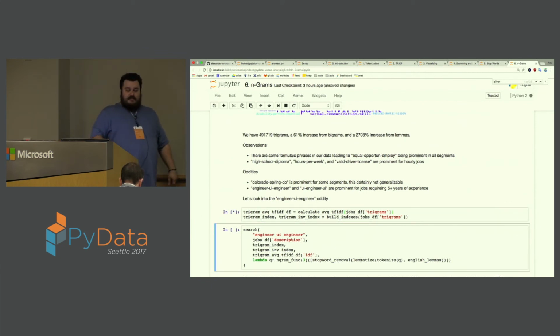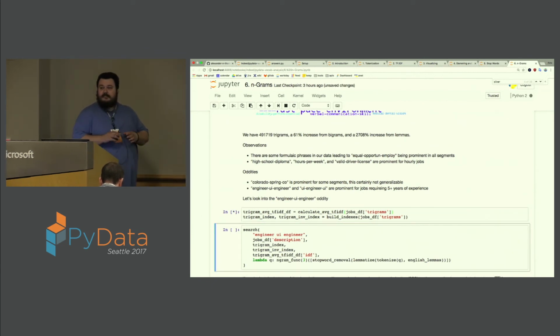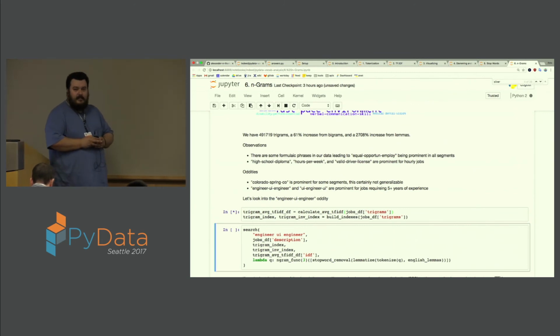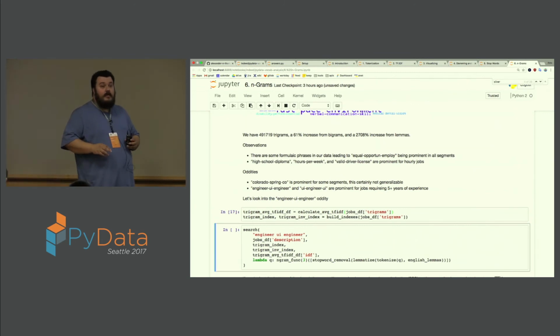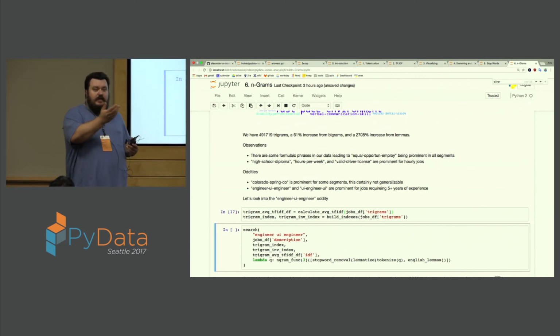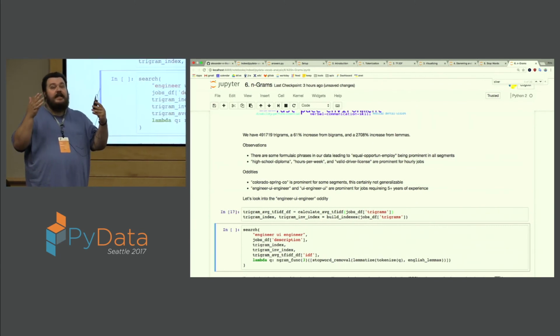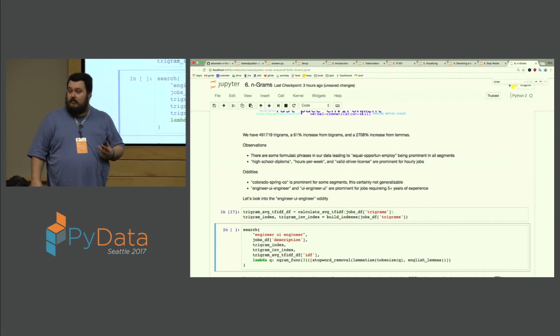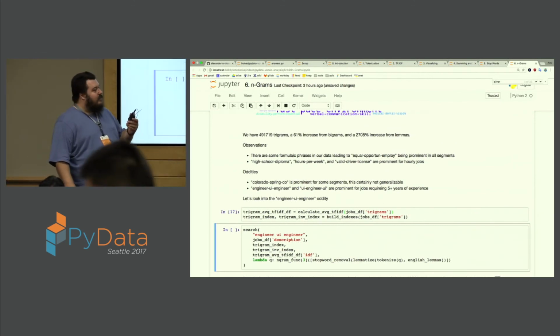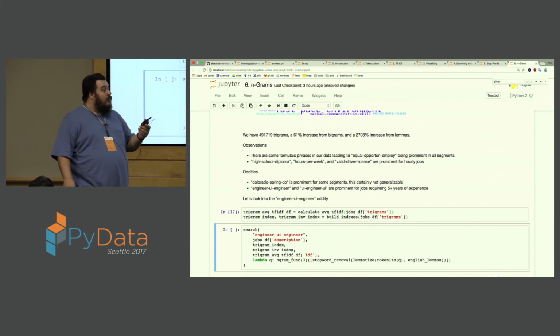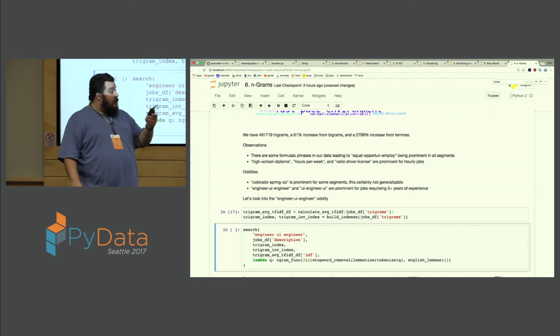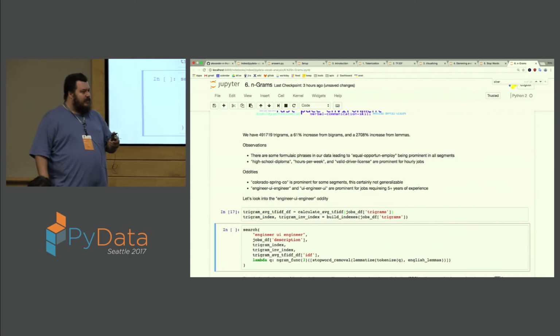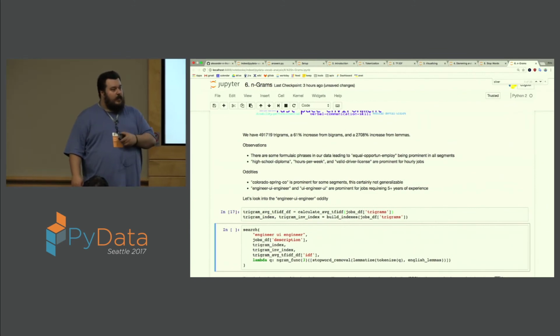Any guesses? Missing punctuation. Maybe, but these are lemmas, so what would have been there before processing? Engineer, parentheses, UI engineer, so that would get us engineer, UI engineer. But then why do we also have UI engineer, UI?